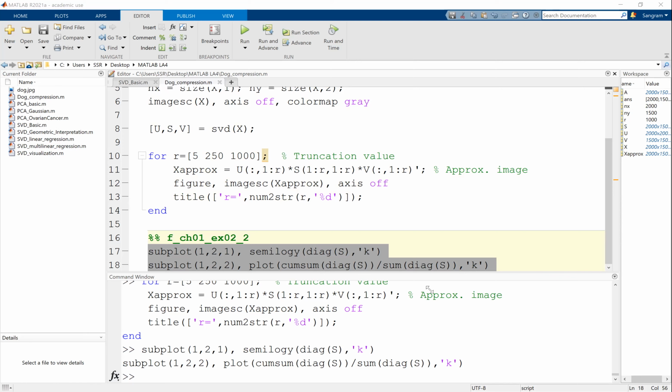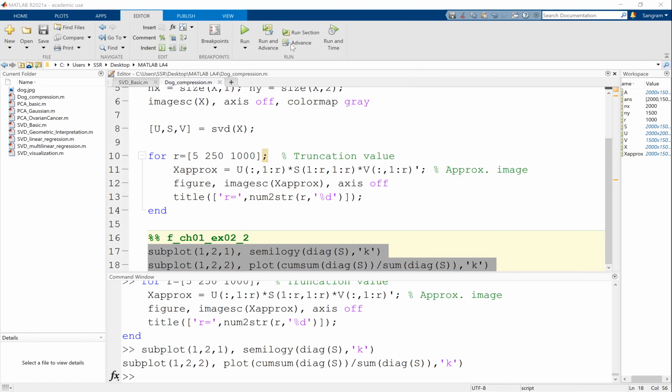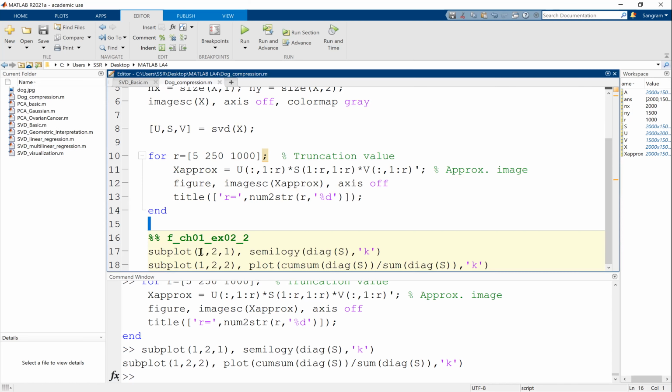Any questions? Yes. Could you please go over the first graph again? This graph. Yes, sir. So what you have in the first graph is basically what I'm plotting, and it might be clearer if I look at the Matlab script here. In the first subplot, I'm plotting the singular values.